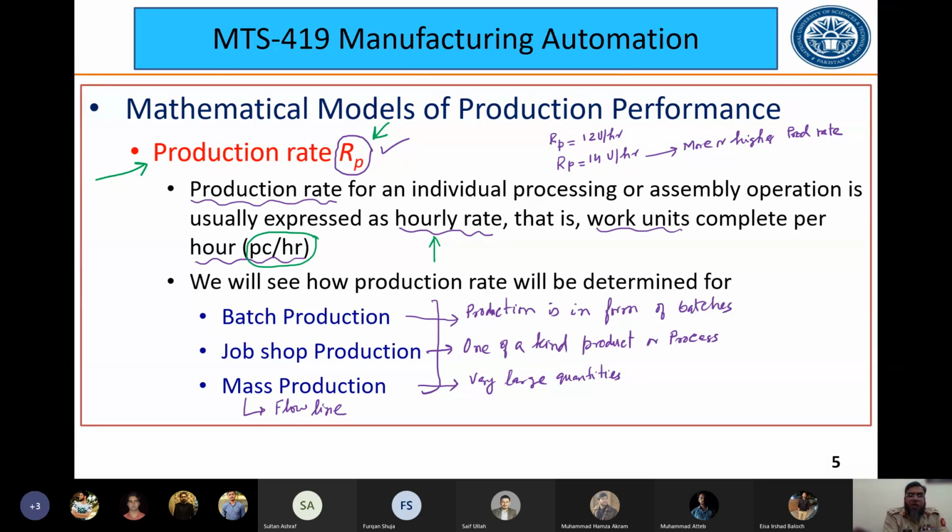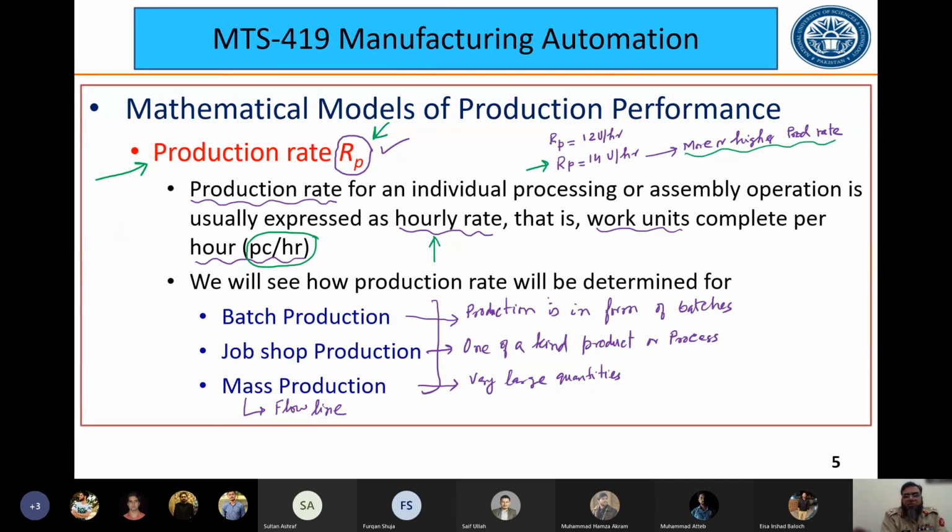So if a facility is producing 12 units per hour and another is producing 14 units per hour, so this one has a higher or more production rate. Okay.